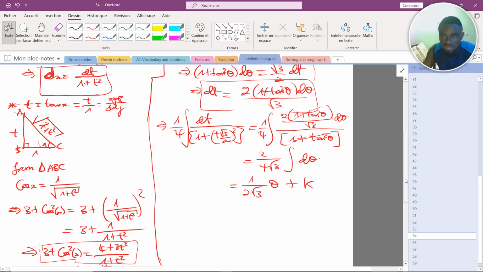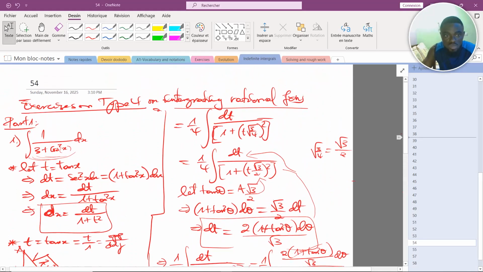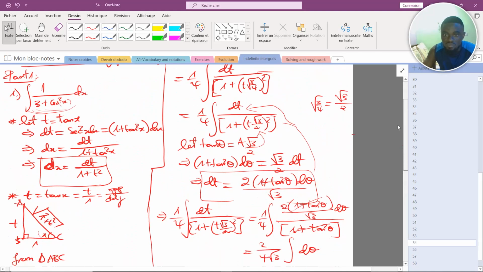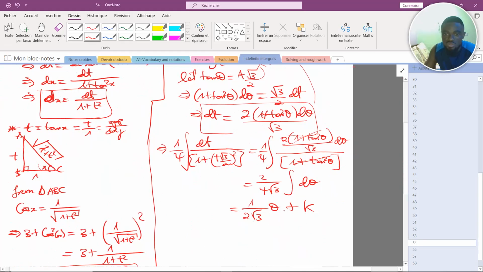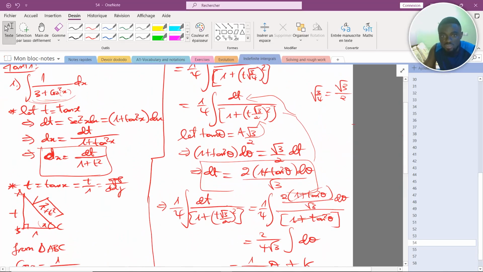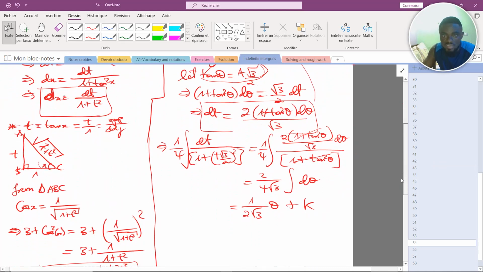But in what form was our integral given? It was given in terms of x. So the first thing I have to do is substitute the relationship to what theta is related. From my previous substitution, that's what I will first use to find theta.